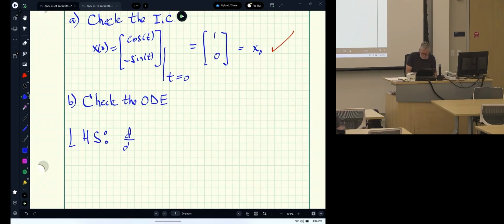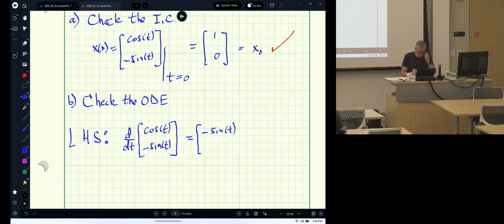So we need to compute d/dt of this proposed solution, which was cosine of t minus sine of t. Since it's sine and cosine, this is almost mechanical. d/dt of cosine t minus sine of t. d/dt of minus sine of t is minus cosine of t.